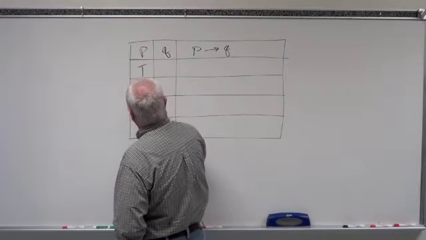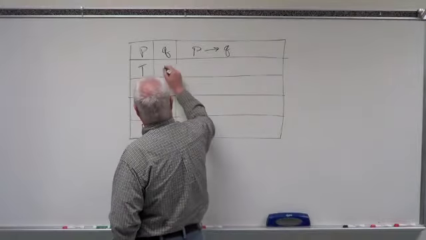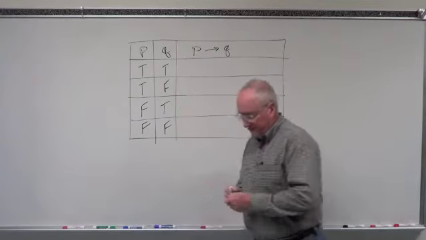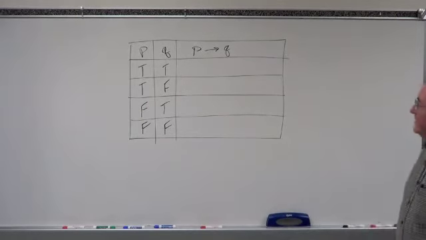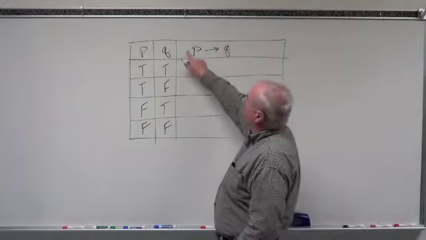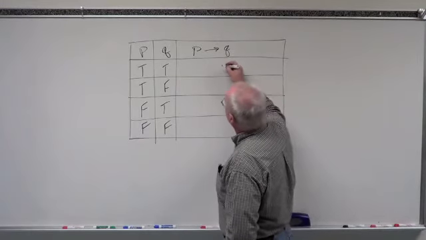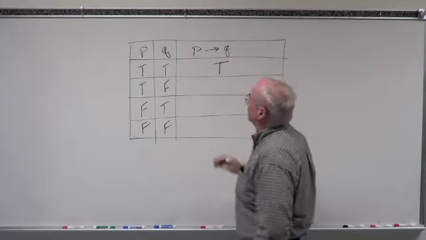Set this up: TTFF, TF, TF. Okay? Symbolism is this. If the hypothesis is true and the conclusion is true, then the conditional statement is true.